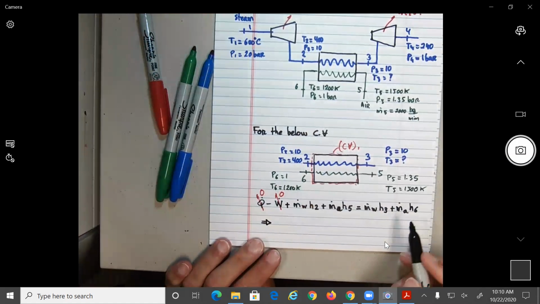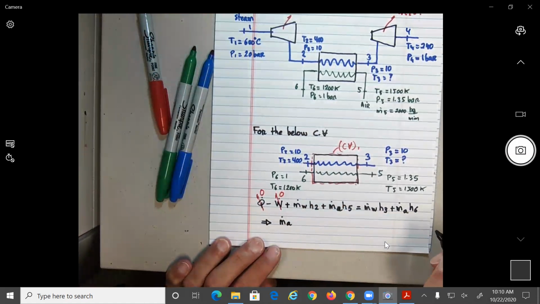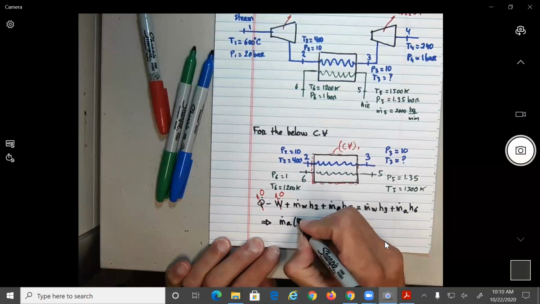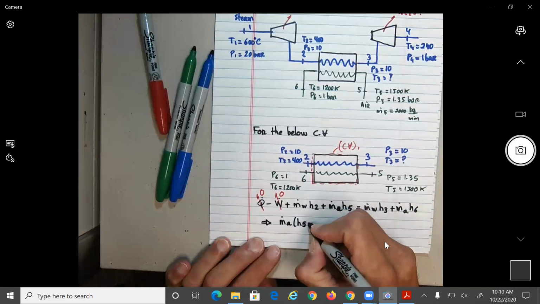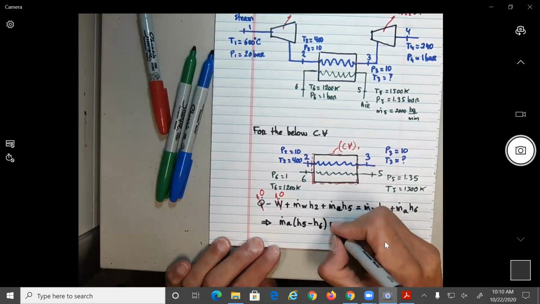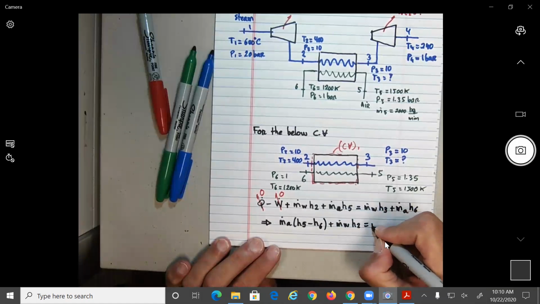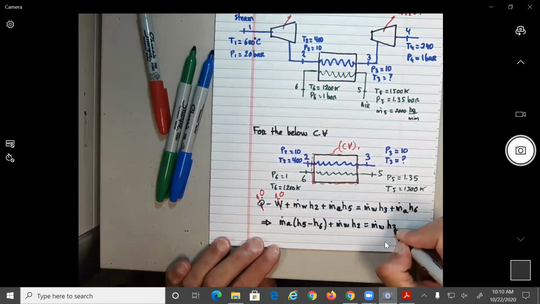So basically from this equation here, what we need to solve for is H3. So if you want, you can write down: mass flow of air times (H5 minus H6), I'm moving to the other side, plus mass flow of water times H2 will be equal to the mass flow of water times H3.